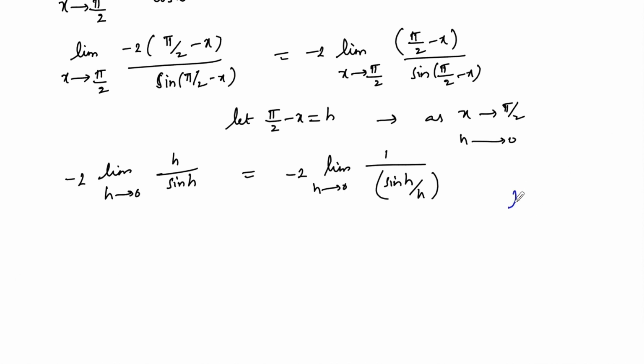And since we know that limit theta tends to 0, sin theta upon theta is equal to 1, we can give the answer here: minus 2 into 1 upon limit h tends to 0 sin h upon h, whose value is 1. So 1 upon 1. So the answer is minus 2 for the limit.